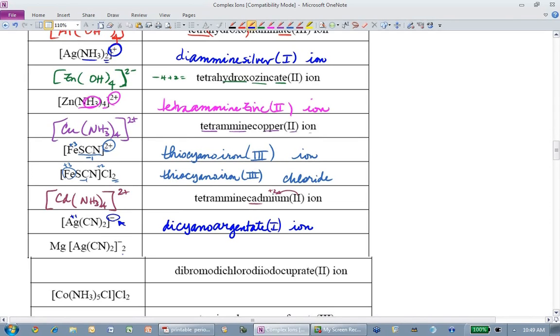We have a compound. See, the magnesium's outside the complex, so it just starts off magnesium. Oop, I should change color for you, huh? Magnesium, and now we got to name the complex. Okay, so it's negative, but that's a typo. That should not be there. The fact that it took 2 of them right here means you should be able to deduce that it's a -1, but that negative really doesn't belong on the ion.